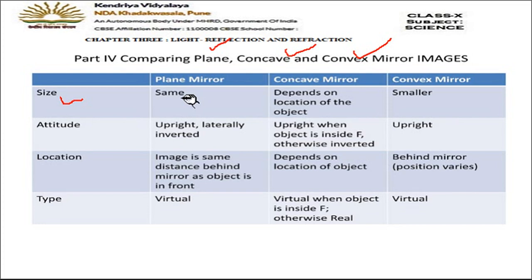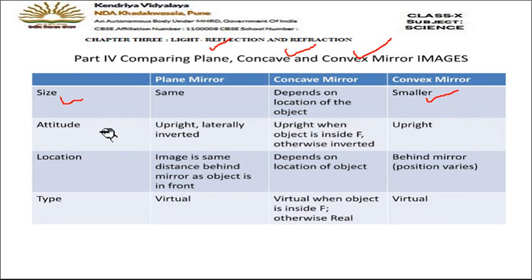In case of a concave mirror, it depends on the location of the object. You have seen that when the object comes closer to the mirror, the size of the image goes on increasing, enlarging. And in case of a convex mirror, the size of the image is always smaller than the object.